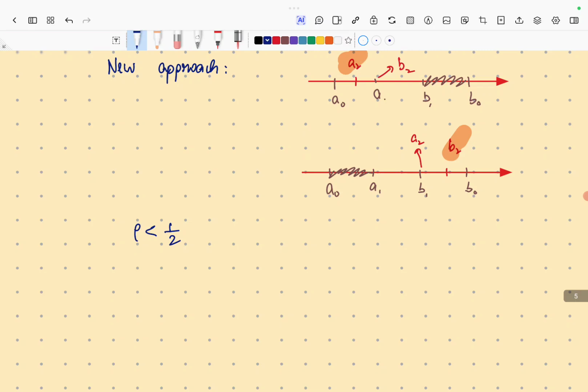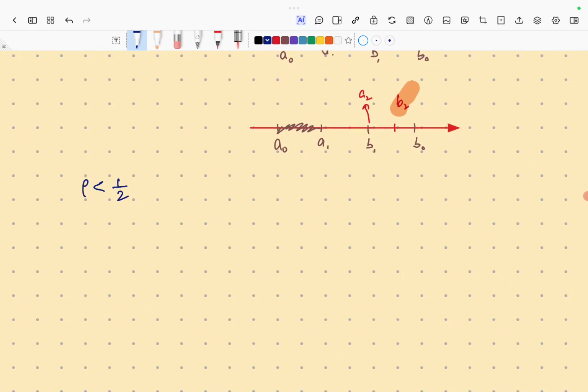That's a basic condition, just as a sanity check. And I want A1 minus A0 to be equal to B0 minus B1, equal to rho times B0 minus A0.